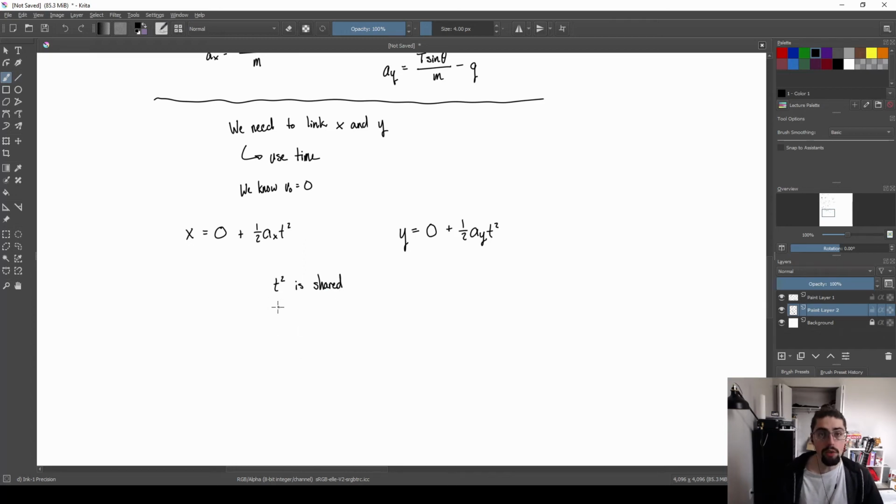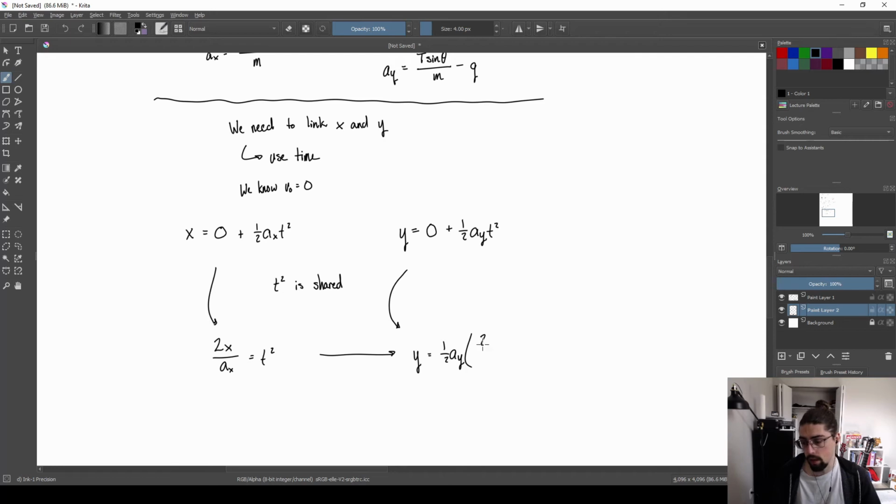So, let's use it. Let me take my x equation. Let me say 2x divided by the acceleration in x is equal to t squared. Now I can take that over to the y equation. Y is equal to 1/2 acceleration of the y direction times, we plug in t squared, 2x over a of x.